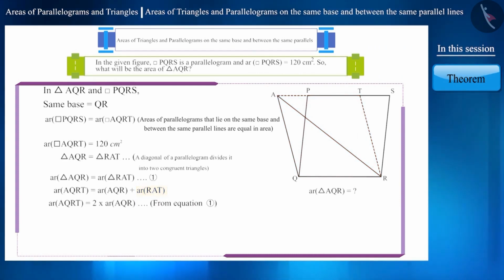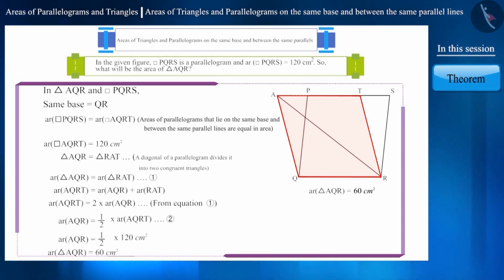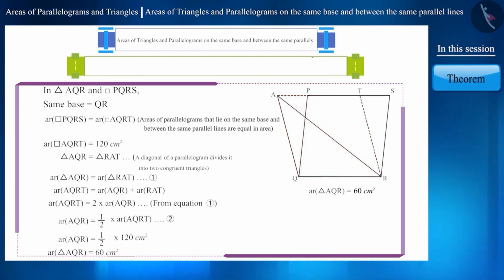Here, we can also write triangle AQR instead of triangle RAT. That is, the area of triangle AQR will be half the area of quadrilateral AQRT. Therefore, the area of triangle AQR will be 60 square centimeter.